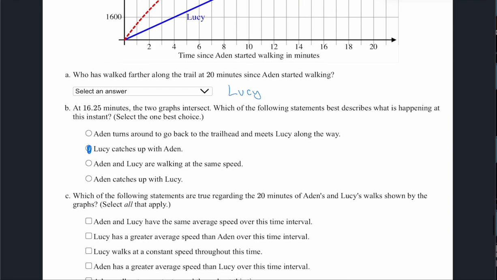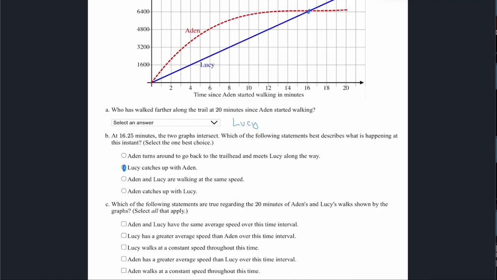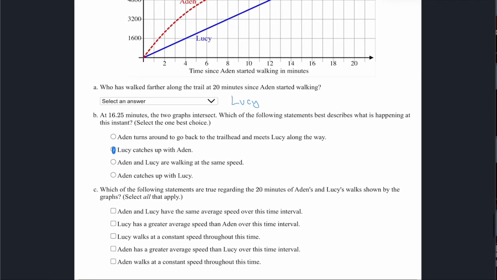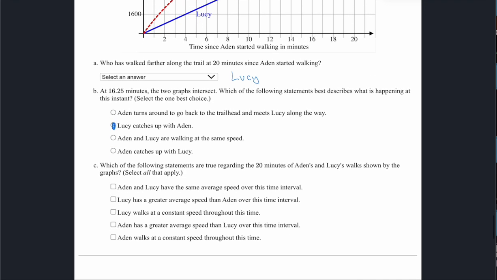Which of the following statements are true regarding the 20 minutes of Aiden and Lucy's walk, shown by the graphs? What's interesting is they say they have the same average speed, or who has a greater average speed.